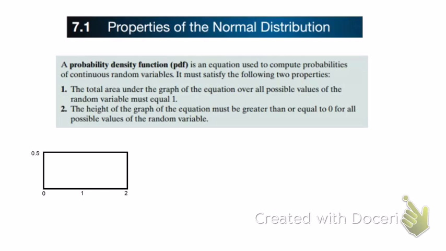If I was throwing darts at that thing and I knew that the dart was going to hit somewhere in there, every point in there would have an equal chance of hitting. That's all that's saying. Notice, what's the area of my rectangle? Two times 0.5 is 1. So this meets the definition of what a probability density function is.